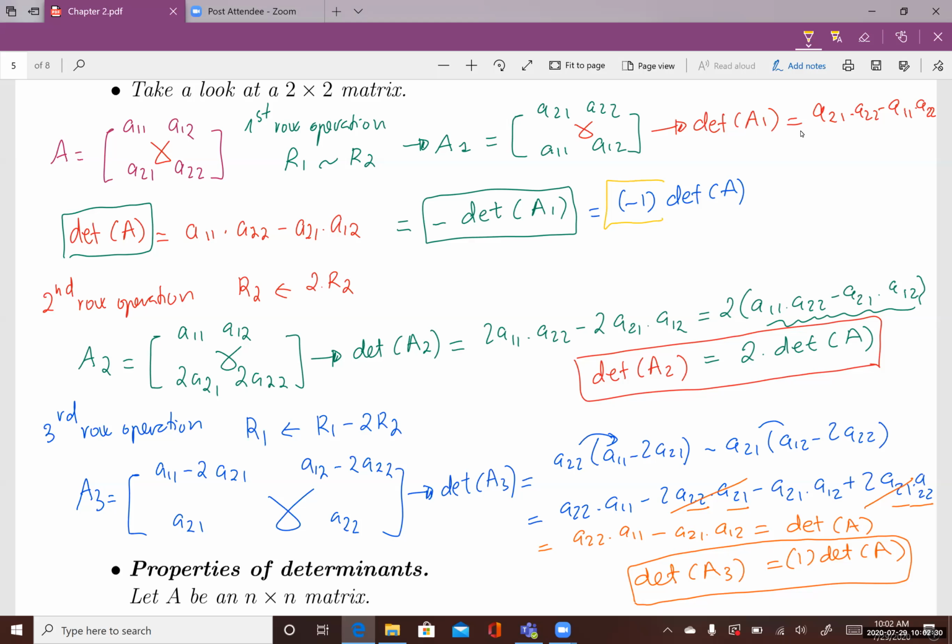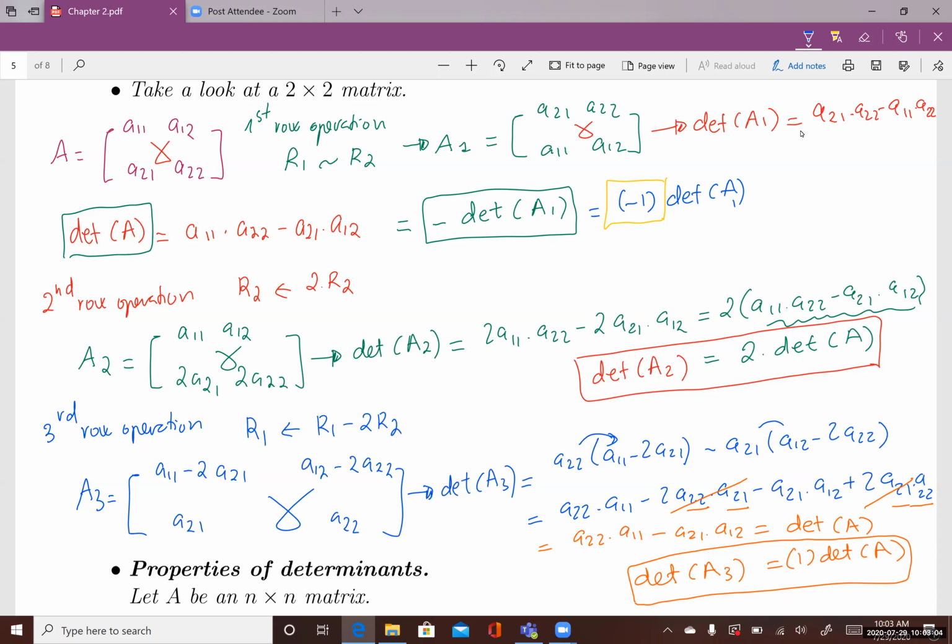You multiply the determinant of A by -1 to get the determinant of A1. Okay, from here, you know that the determinant of A equals the negative determinant of A1, or the determinant of A1 equals the negative determinant of A, so just opposite of each other.